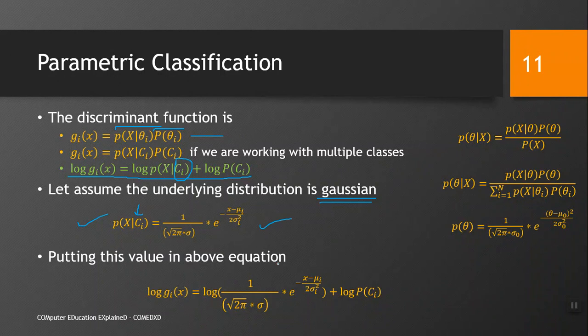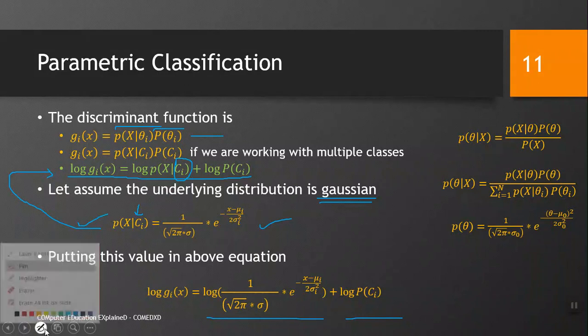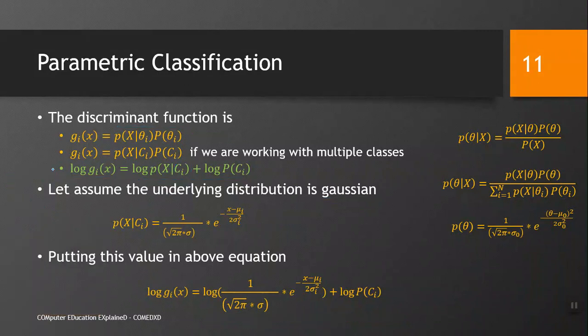Putting this value in the above equation, we get this. We put this value in this green equation and we get this. You are required to do it on paper and see whether this equation and this equation are the same, whether it is correct or not.